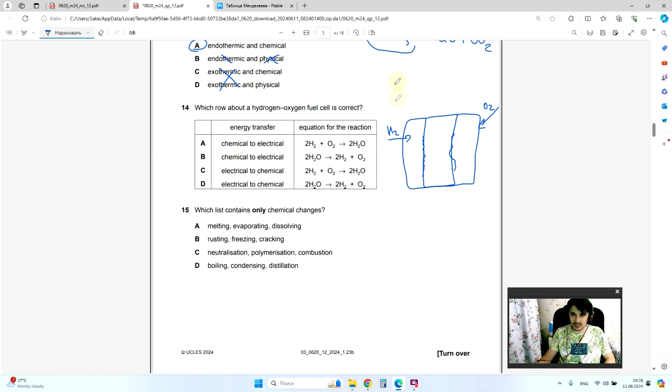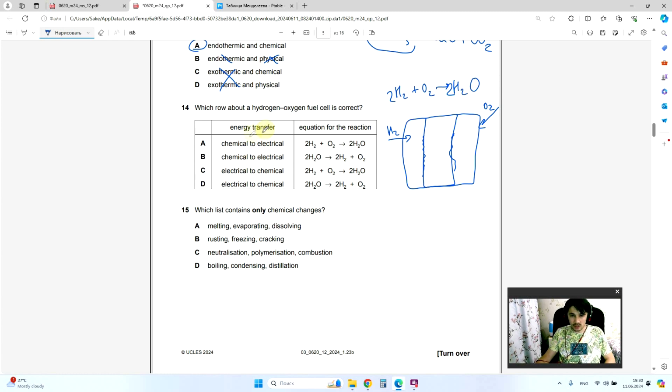So simply it's a redox reaction. So hydrogen reacts with oxygen, but it's not a combustion. So this is a redox reaction, but not a combustion. So chemical energy is transferred to electrical energy. So this system generates electricity, converting hydrogen and oxygen to water.